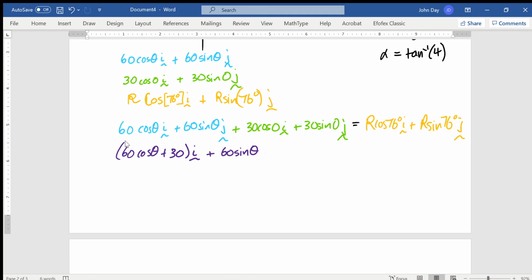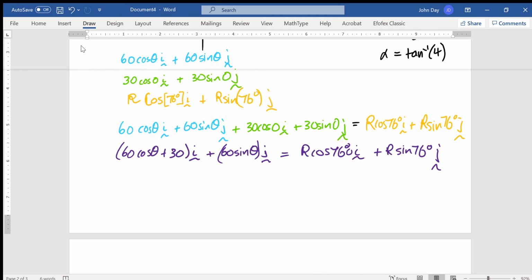So that's what I've got for j, and that's equal to r cos 76 degrees i and r sine 76 degrees j. Now this is just straight using 360 degree vectors, and it's quite straightforward in that respect.